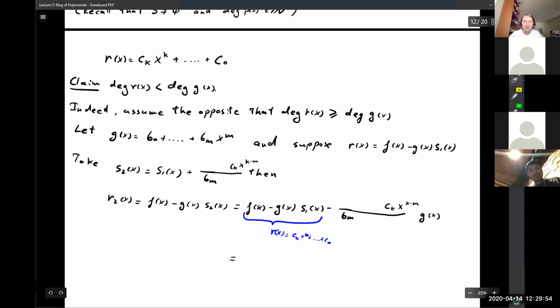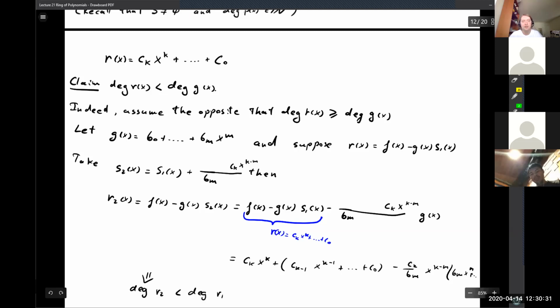Then what happens is that the leading term cancels. So you would get C_k x^k plus whatever, we don't really care what happens for the subleading terms, C_0, minus C_k over B_m x^(k-m) multiplied by B_m x^m plus etc. So from here it follows that the degree of R2 is strictly less than the degree of R1.